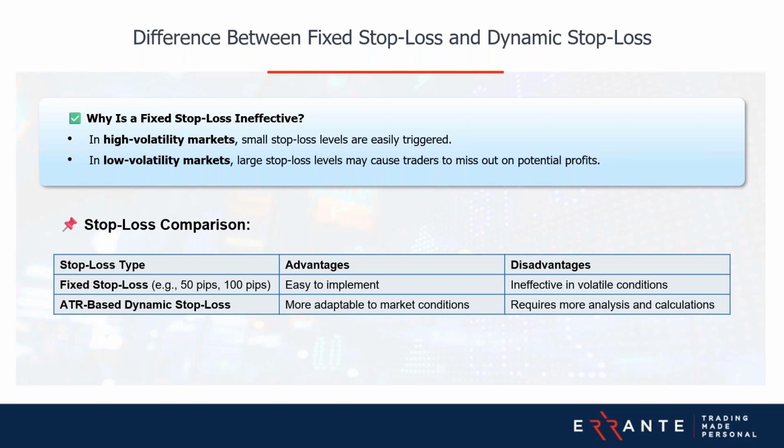However, it requires a bit of calculation and more analysis. So fixed stop losses are easy to use but ineffective in dynamic market conditions, and ATR-based stop losses require some calculation, but they provide better protection and flexibility.